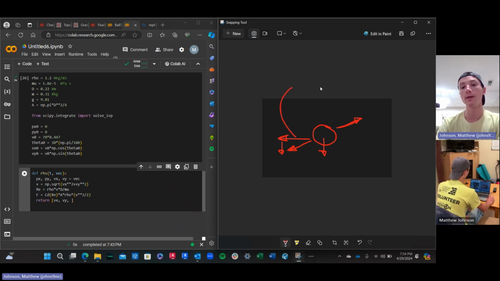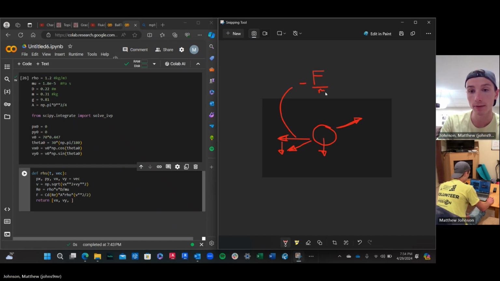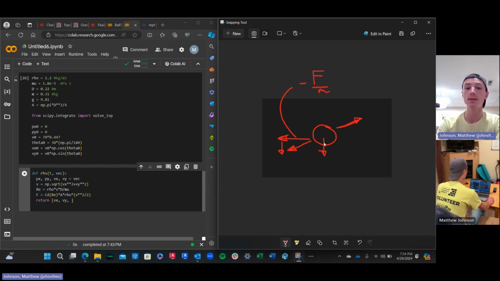So let's first and foremost talk about this drag force in the x direction. If we wanted the acceleration that is caused by the drag force in the x direction, it's pretty simple. We just take the drag force over the mass, and then since the total force here is in the same but opposite direction as the force that's moving the ball, we can simply scale it by the same ratio between the x direction and the total magnitude of the vector.